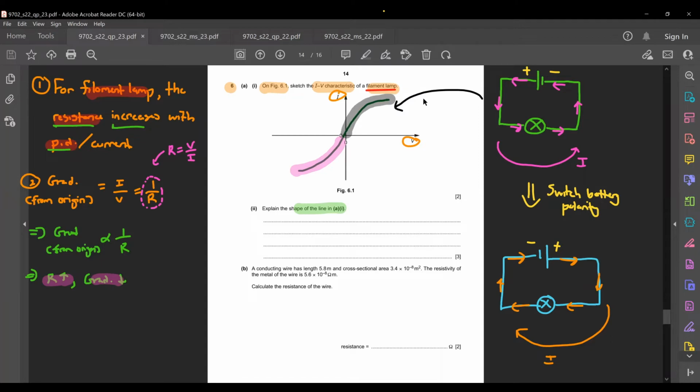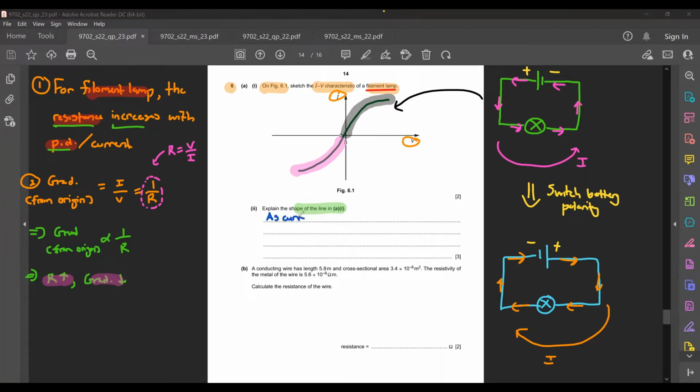So one thing we can do is you can write something like this. As current increases or voltage increases, the temperature of the filament lamp increases.